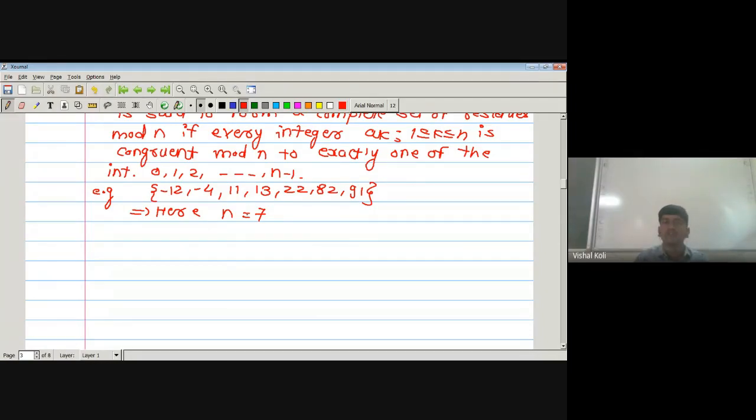As here n is equal to 7, the possible remainder values are 0 to 6: 0, 1, 2, 3, 4, 5, 6. That is, these are the 7 possible values. Okay.